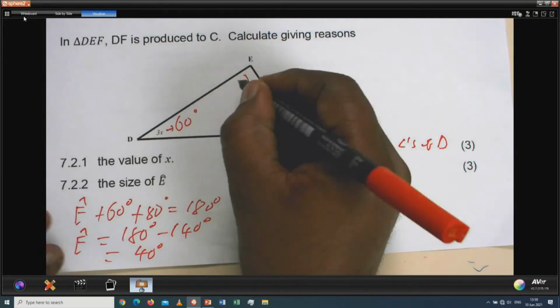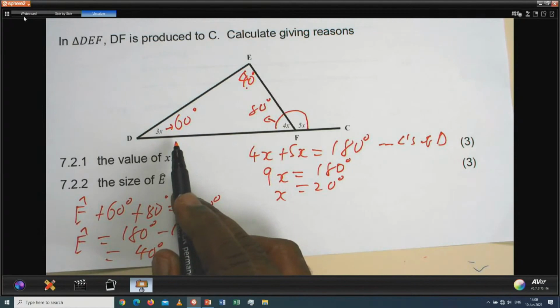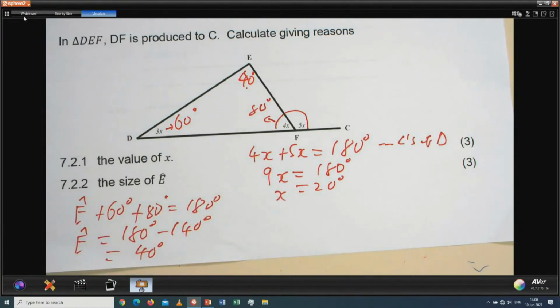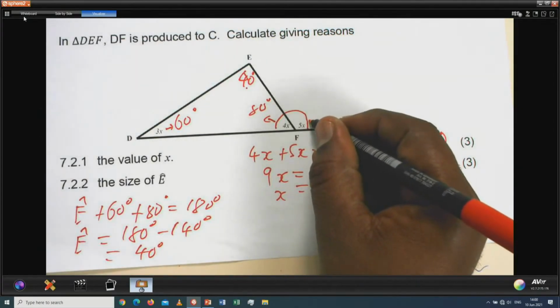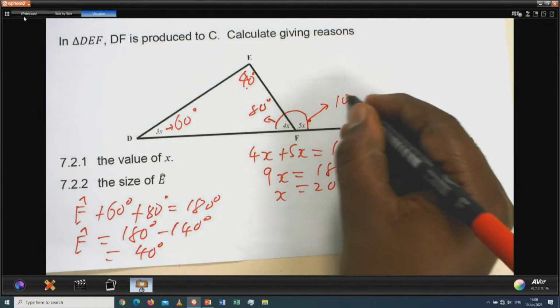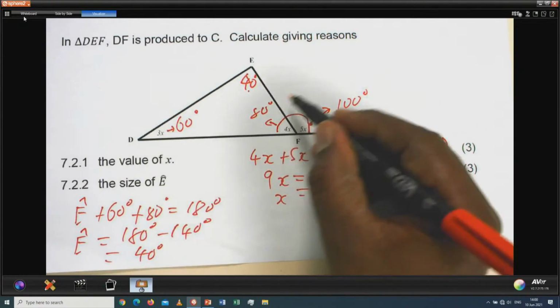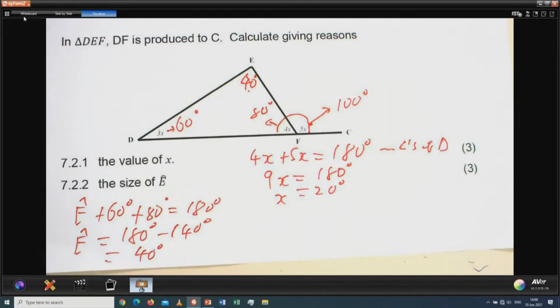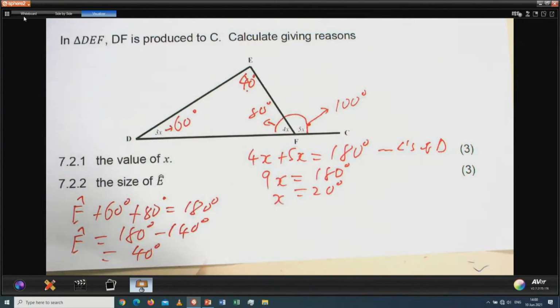Therefore, 40 degrees plus 60 is 100. 100 plus 80 is 180. And if X is 20, this one is 100. And look at it, exterior angle equals to interior opposite. So properties, and more properties, and more properties.